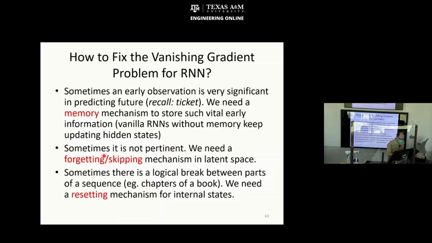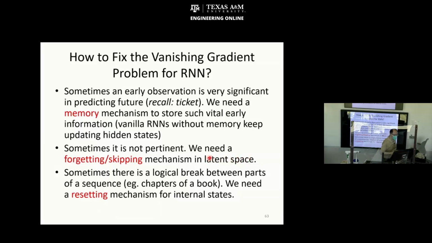You have to remember that even though the early observations can be important, sometimes, or many of them, are just not relevant. So in those cases, you need to memorize, but you also have to forget those early ones in the latent space.